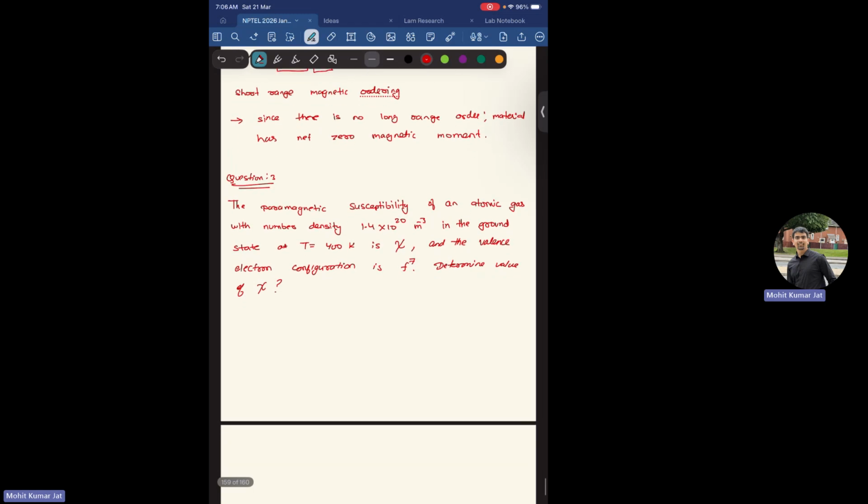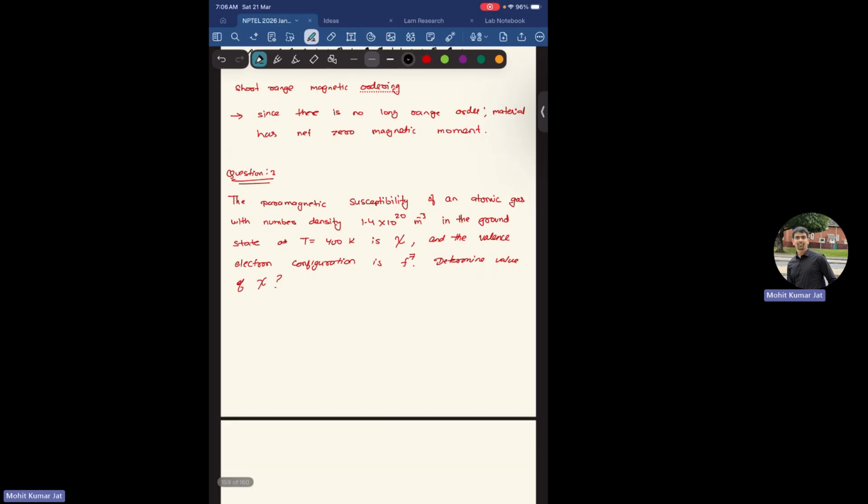Now I can give you the constants also. So given parameters, given is magnetic permeability of free space, mu naught is equal to 4 pi into 10 power minus 7 Henry meter inverse.